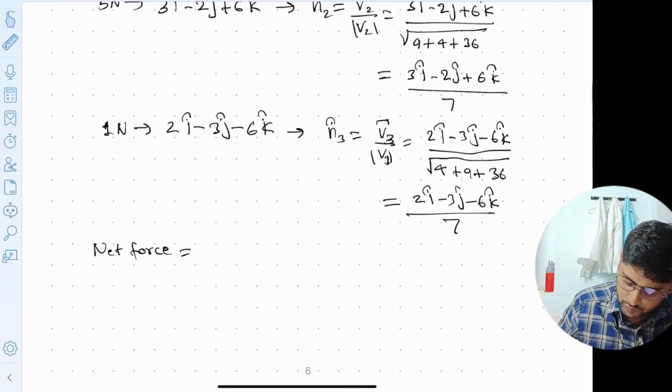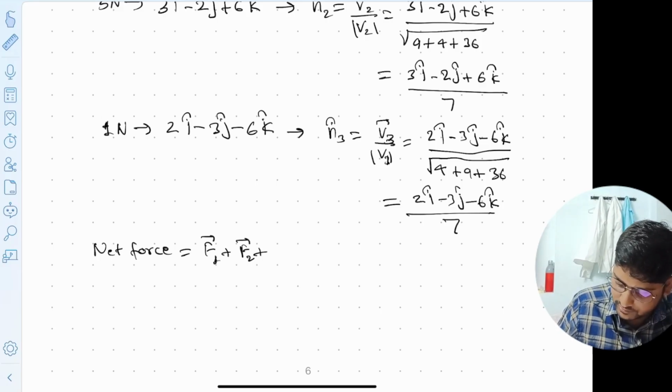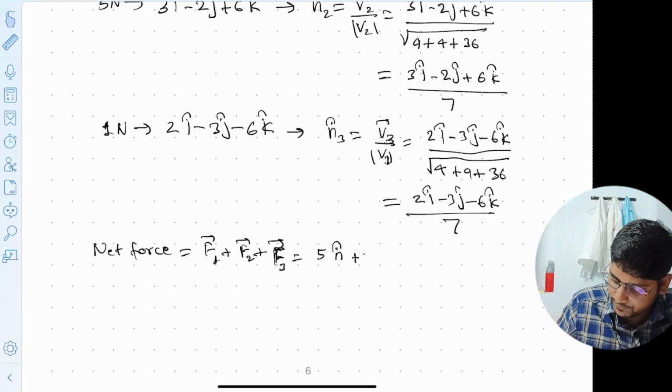Okay. So the net force will be vector f1 plus f2 plus f3, which equals 5 into n1 cap plus 3 into n2 cap plus 1 into n3 cap.